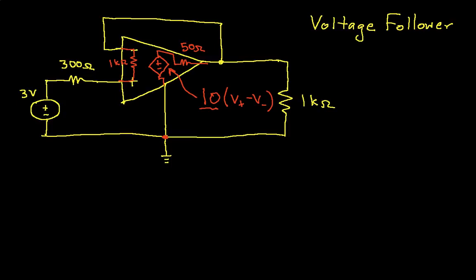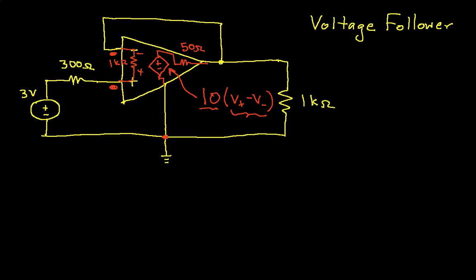So now, in principle at least, we have enough information to solve the circuit. But to make sure it's clear, I'm first going to label this term. The voltage across this 1 k ohm resistor is, in fact, V+ minus V-. It's the voltage at the non-inverting input minus the voltage at the inverting input.